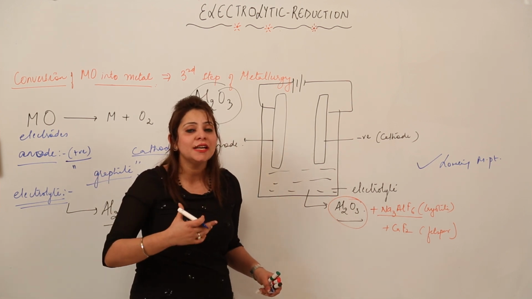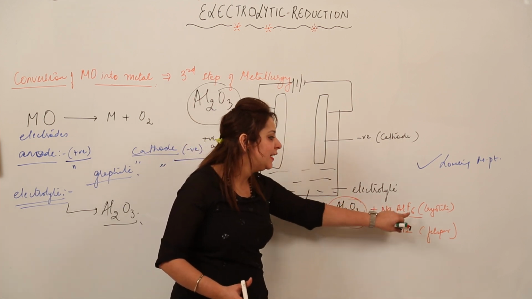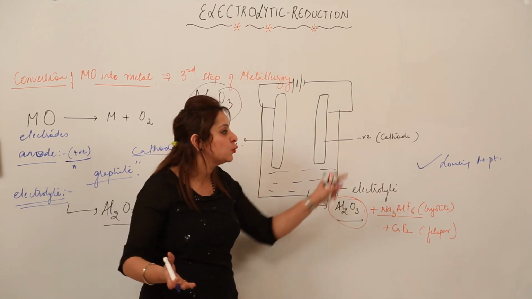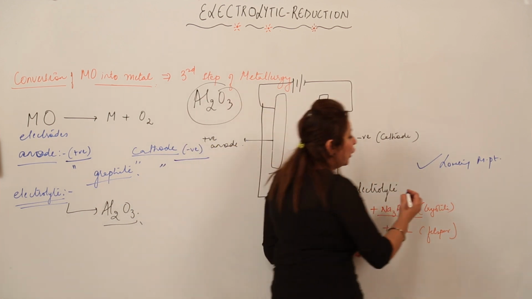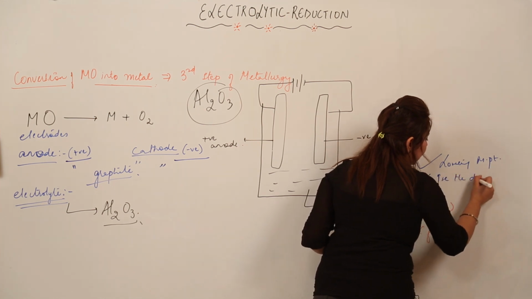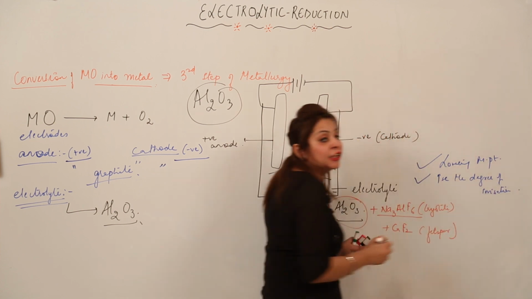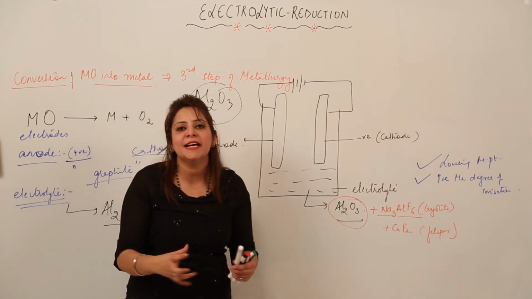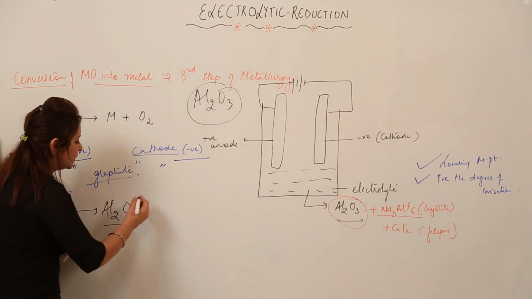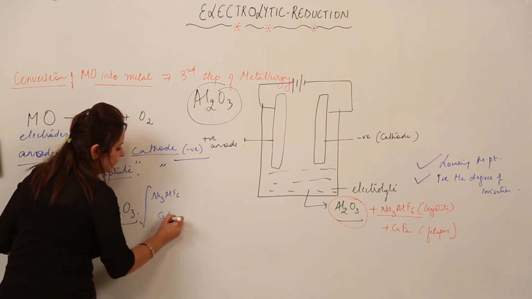So when we add any substance to an electrolyte, it serves two main functions: one is to lower the melting point of the electrolyte, and second is to increase the degree of ionization. That means when we pass electricity, it gets completely dissociated into ions. So this is what we have. Again I am writing here that we are adding the cryolite and we are adding the feldspar.